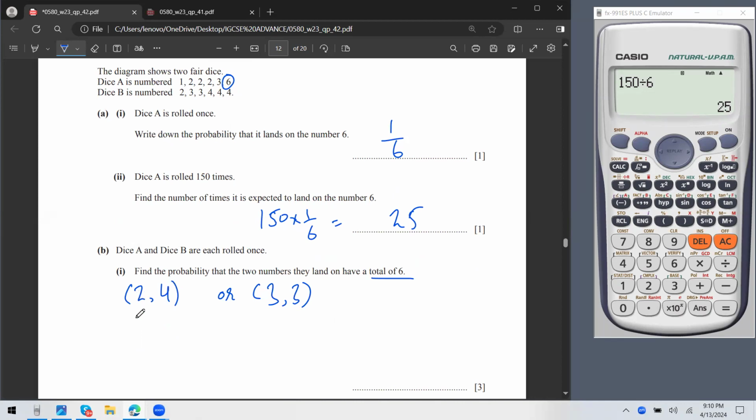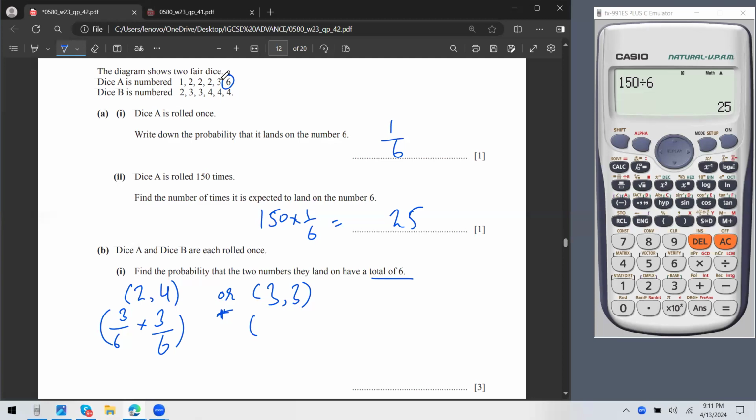Okay, so let's find the probability now. For the 4, you need to add them. First is 1 by 6. No, sorry, there are 3 2's. So 3 by 6. And second one being a 4, again 3 4's. So 3 by 6.